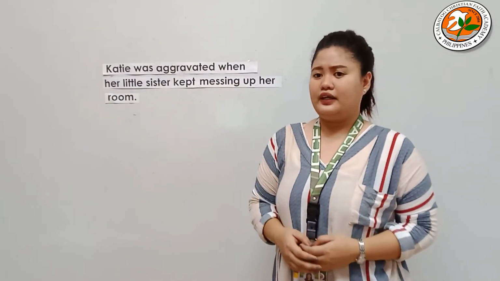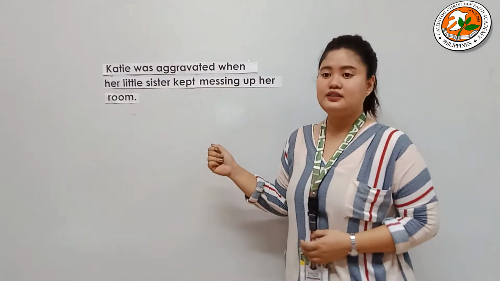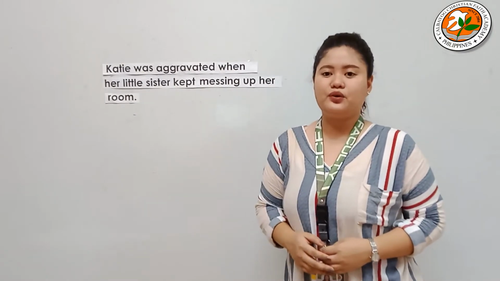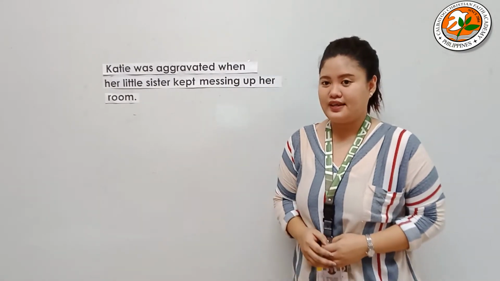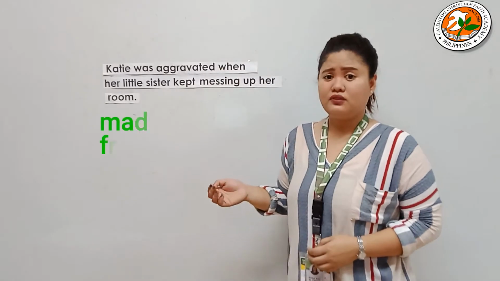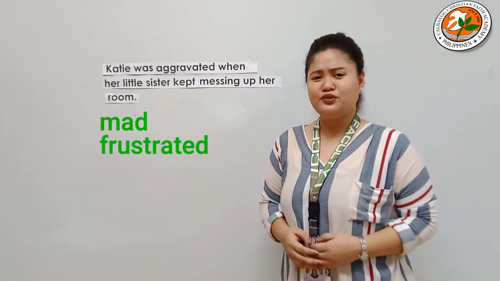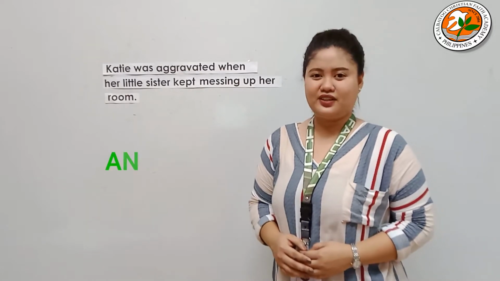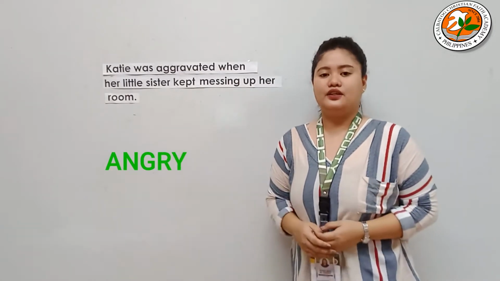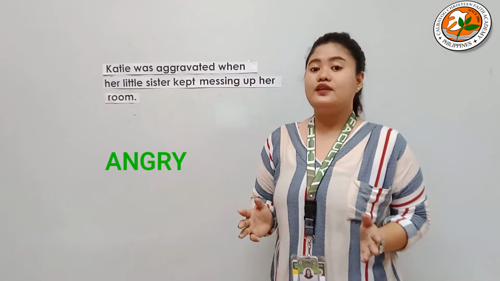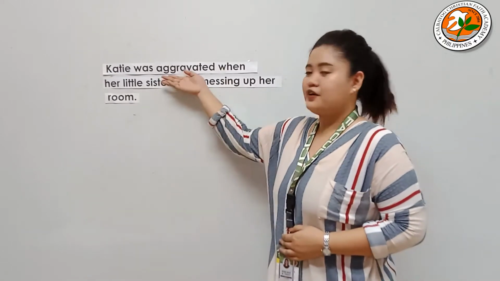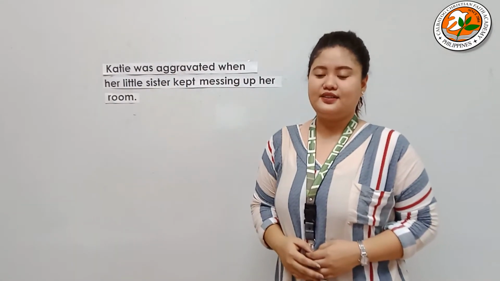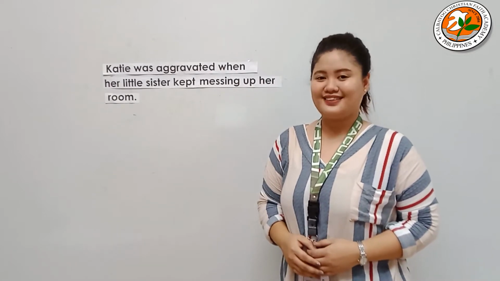So what could Katie be if her little sister is messing up her room? We can say she's mad, frustrated, or no, it starts with letter A, maybe angry. In reading a sentence, you should read it with sense. Aggravated makes sense when you consider the context.